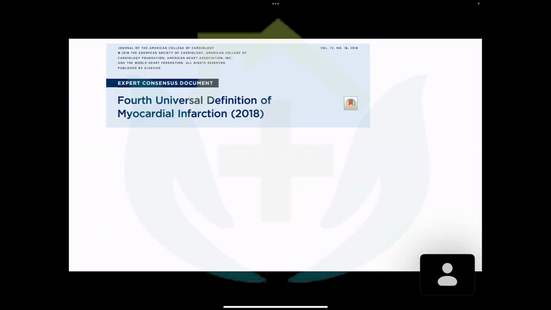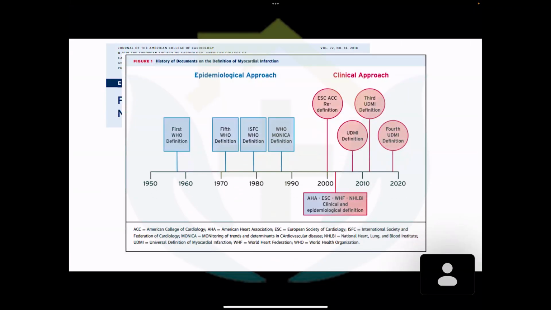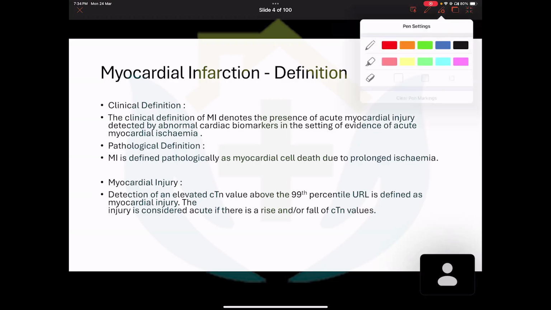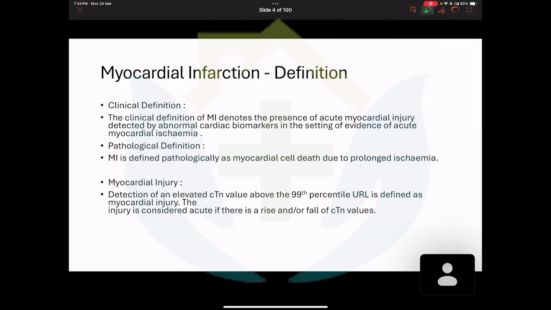So in 2018, the fourth universal definition was given, and we have come a long way from 1950 to 2018. What the definition states is that there is a clinical aspect and a pathological aspect.